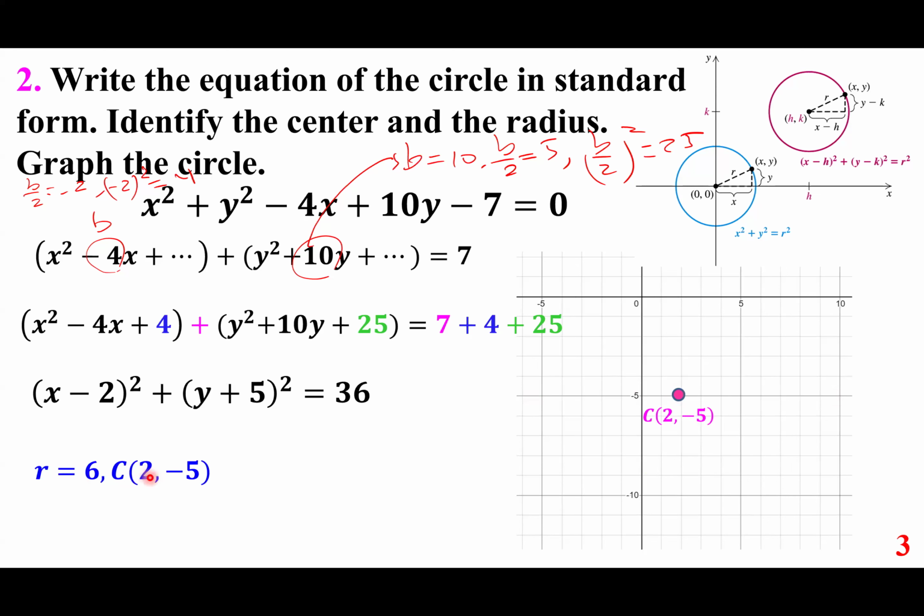So for the x coordinate, to the left, 2 minus 6 is minus 4. To the right, 2 plus 6 is 8. So we get (-4, -5) and (8, -5), okay?